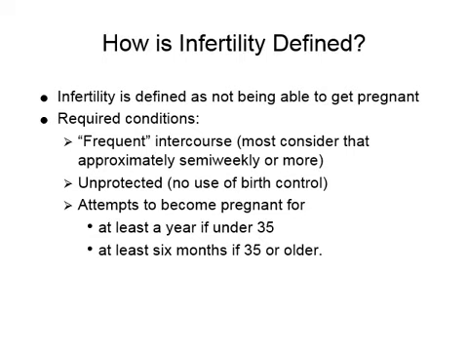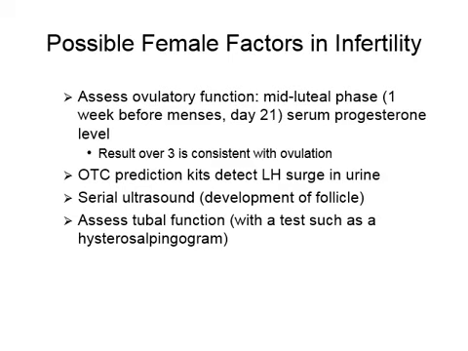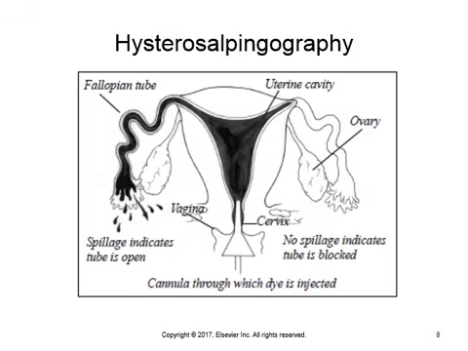And then an assessment of tubal function, that is to say, to make sure that the tubal patency is normal, that the sperm and the egg are able to travel through the fallopian tube without being encumbered. This is a representation of a hysterosalpingogram.